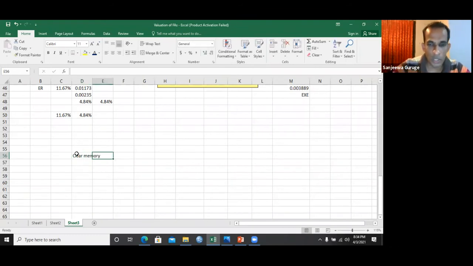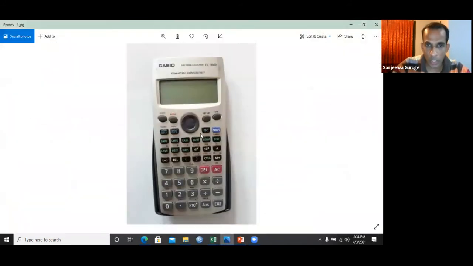Clear memory. So you have to use shift, then 9, then you need to select all. In the calculator, clear is given as a second key, so here you can see it's given as a second key on 9.